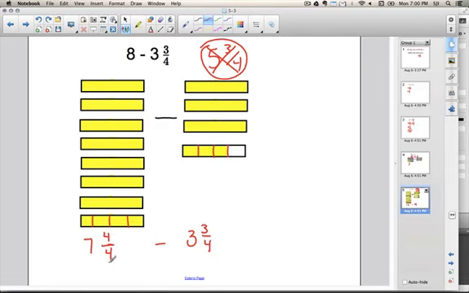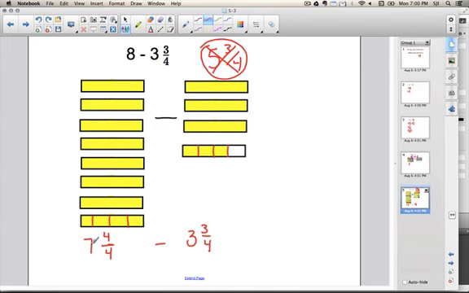Remember, 4 over 4 is the same as 1. Here we have 4 pieces that are cut into fourths, and that's a whole rectangle. So here's that extra piece that we needed in order to make the 8. So here we have 7 whole pieces and 4 pieces that are cut into fourths.